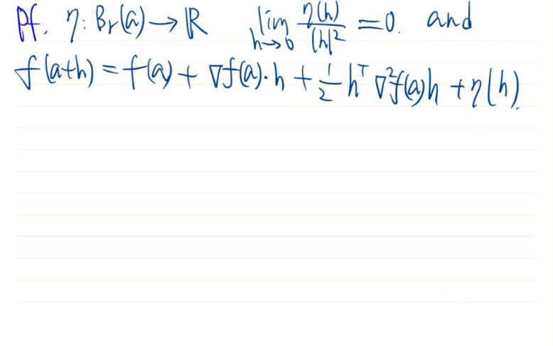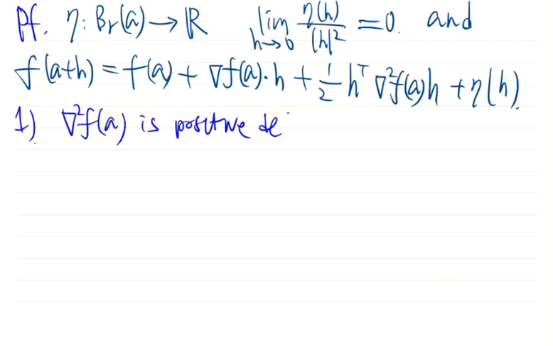So we consider the first case, where the Hessian is positive definite. Then the first eigenvalue is positive.